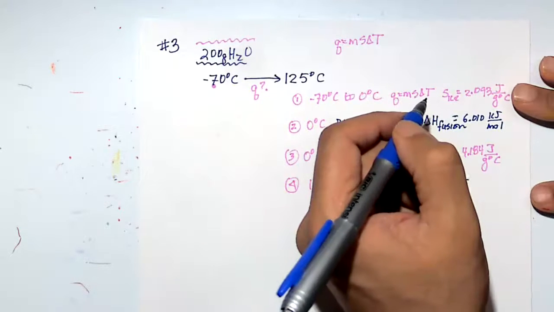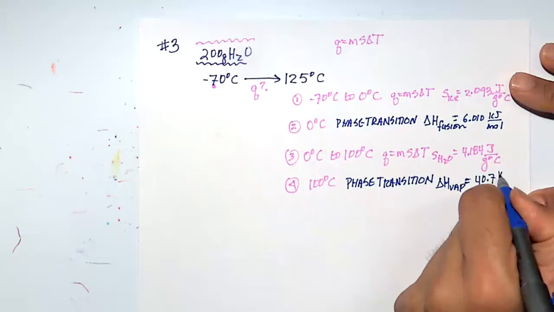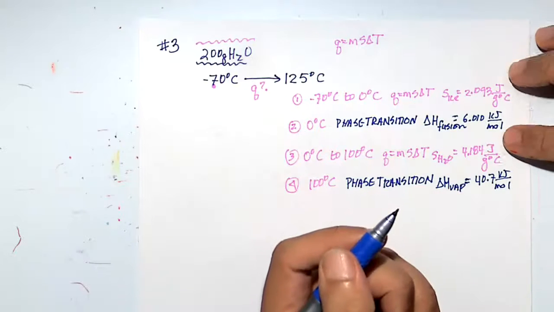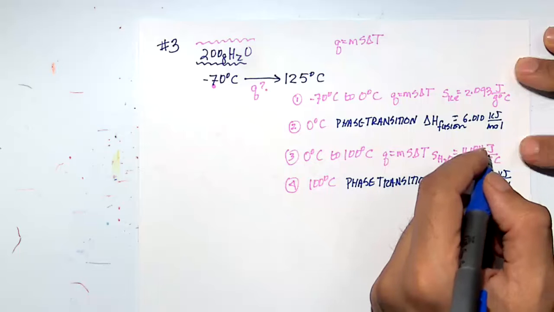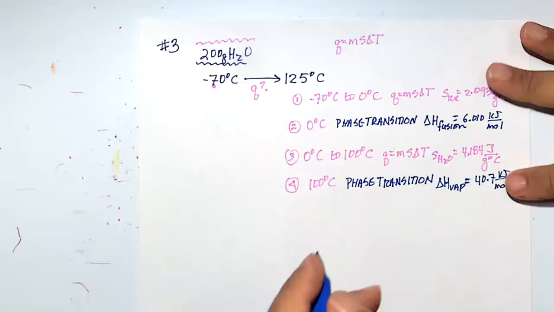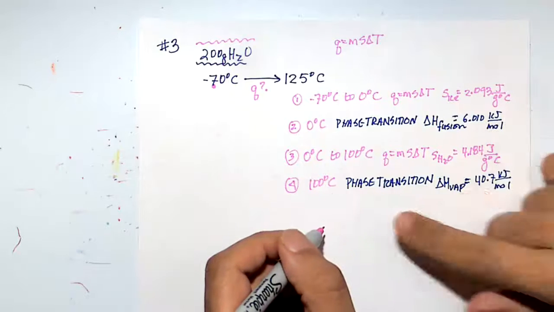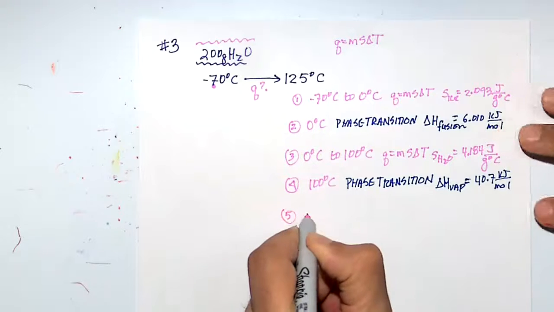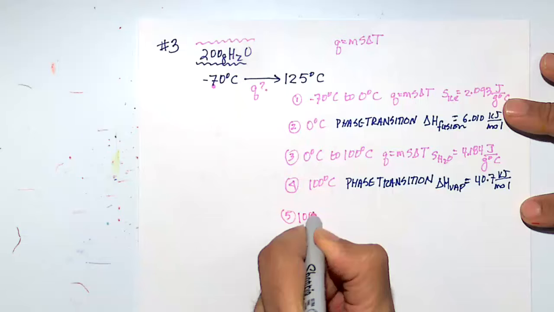Delta H vap is about 40.7 kilojoules per mole. Again, check out your units. Here we got kilojoules per mole, and on your constants we got joules per gram degrees C. So we need to keep our units consistent. And then finally, we've overcome 100 degrees, we've overcome delta H vap. We add our final heat, which is going from 100 degrees to 125 degrees C.